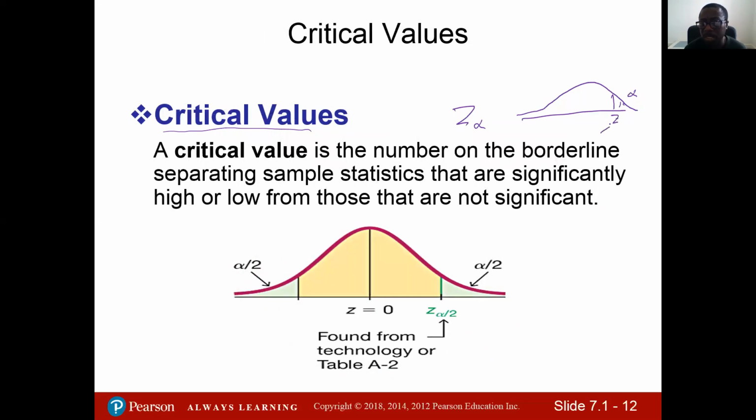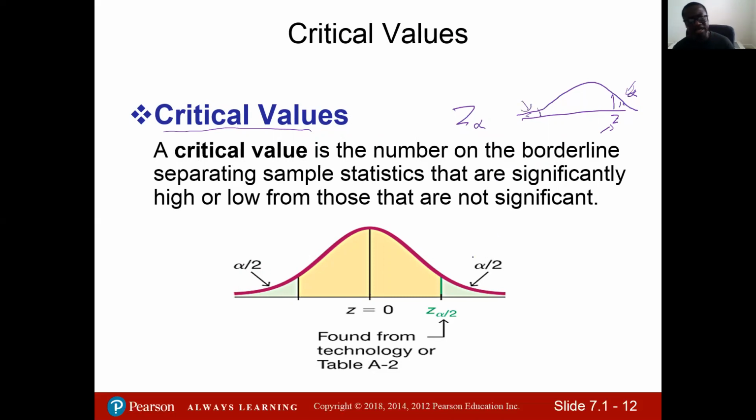This is called the critical value. Here we have a one tail. That is the right tail, where the alpha is on this side, or the left tail if the alpha is on the other side.